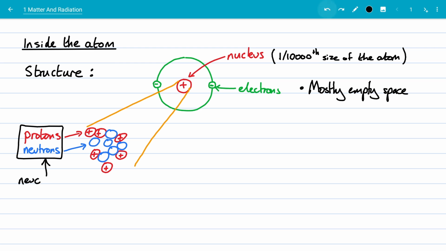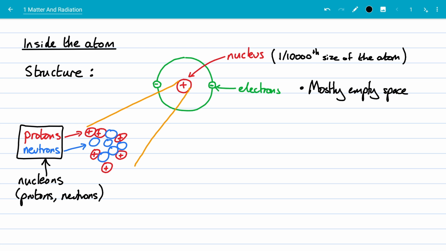Let's spell it right. Nucleons. So nucleons are protons or neutrons. And we need to know that sort of terminology. So nucleons are found in the nucleus. Electrons are not found in the nucleus.